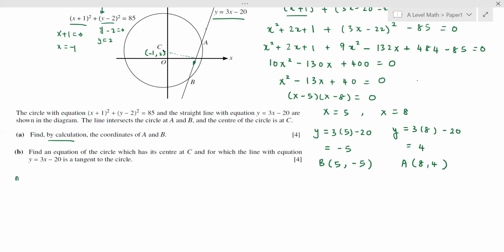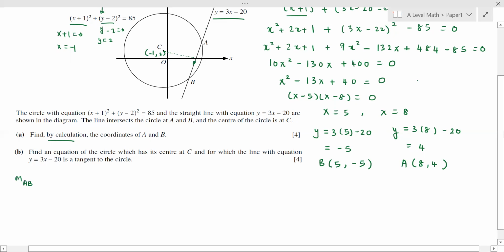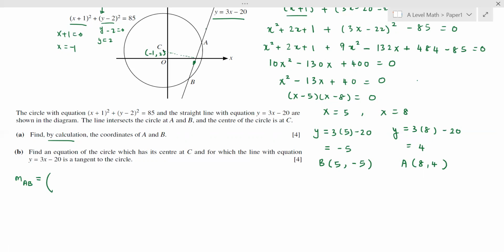So we need to find the midpoint of AB. Because the circle is tangent, it touches this line only at the midpoint of AB instead of at points A and B. To find the midpoint of AB, we average the x coordinates, so (5 + 8)/2, and we average the y coordinates, (−5 + 4)/2.